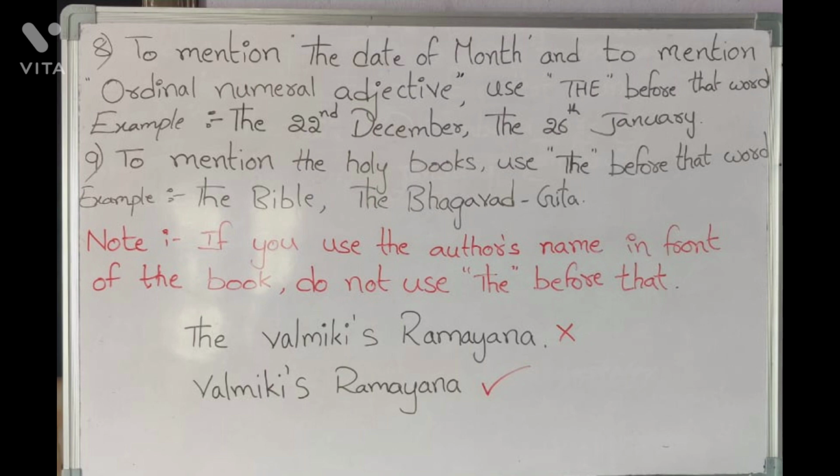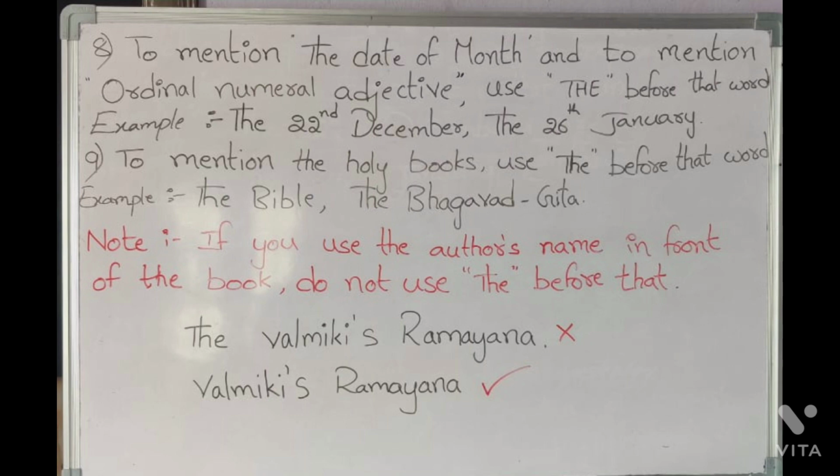If you find any author name, the author name should not go with the article. "The Valmiki Ramayanam" is wrong. "Valmiki Ramayan" is right. If there is any author name in front of the book, you should not use "the" before that.